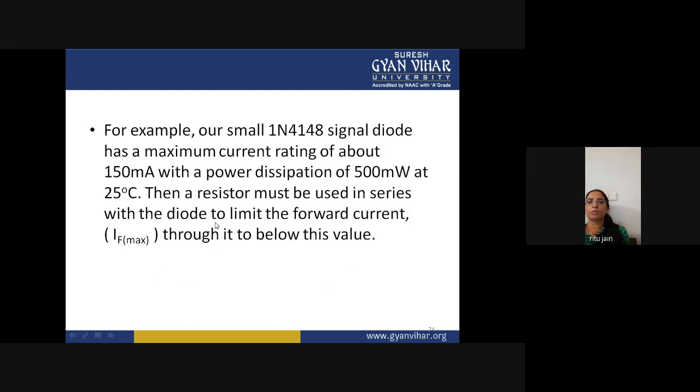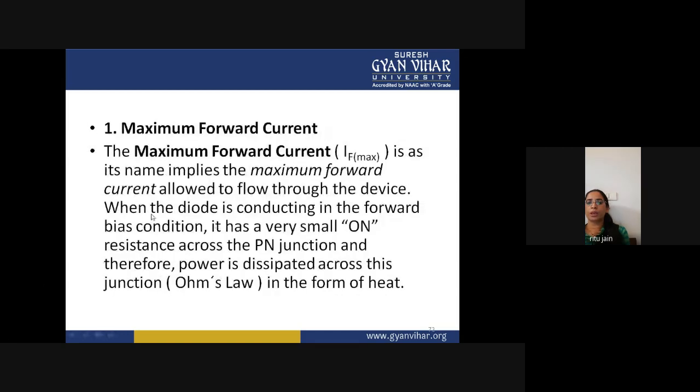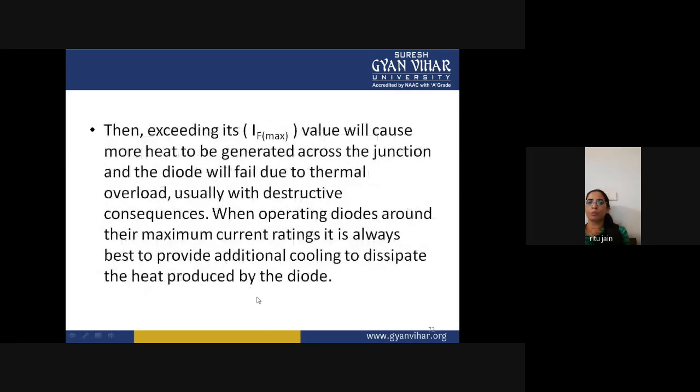Okay. So if you want to limit the current, then you can take another option: you can connect one series resistance with the diode, because in the previous slide we discussed that there will be some heat dissipation across the diode just because of Ohm's law.